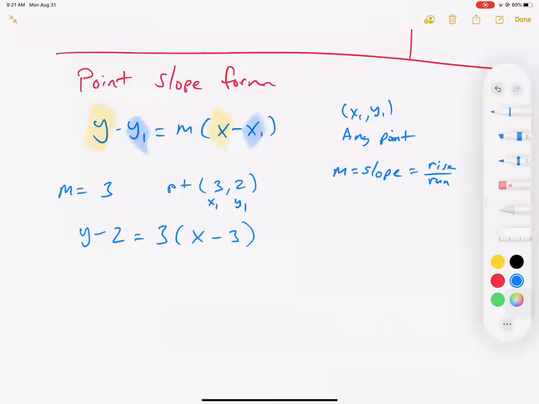Now I want you to notice something. When I write this in point slope form, it looks like it should be a negative 2, but it really is a positive 2 because the negatives are already ingrained in the problem. So I'm plugging in a positive 2. It does become negative 2.